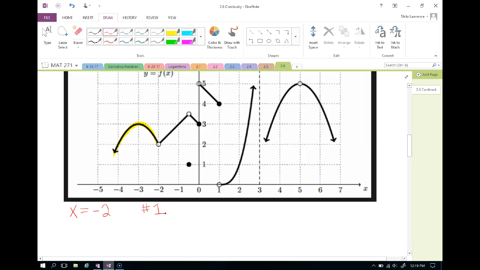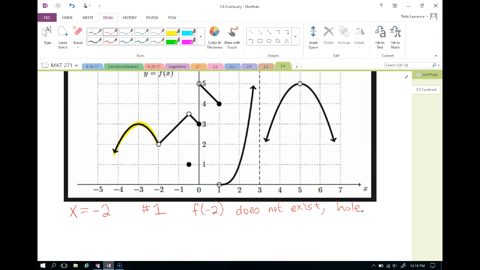We don't have a functional value. f of -2 does not exist because we have a hole. Our first criteria was that f of a must exist. We can't have any holes.